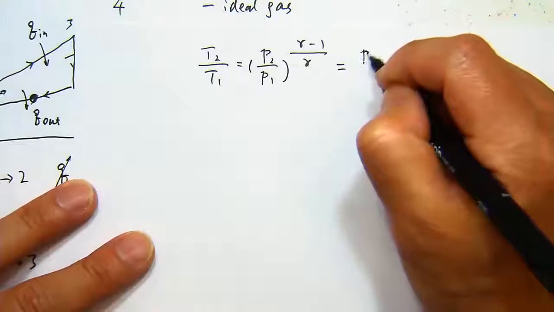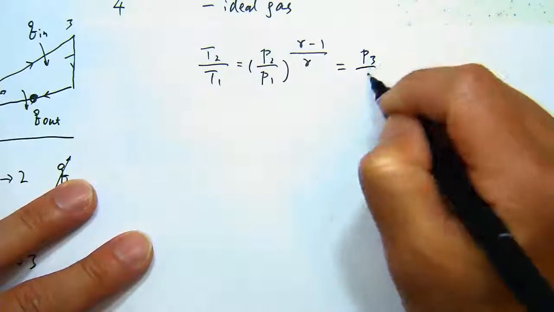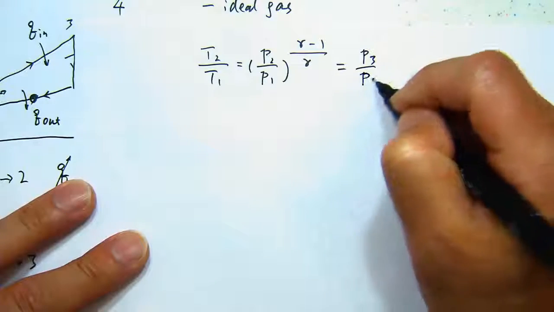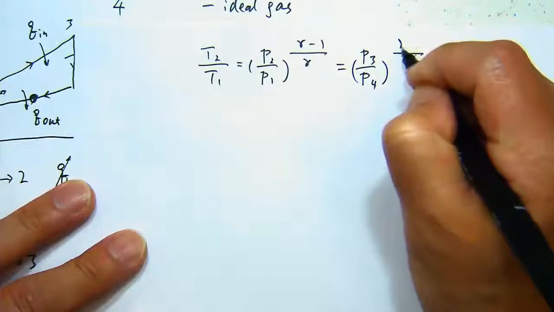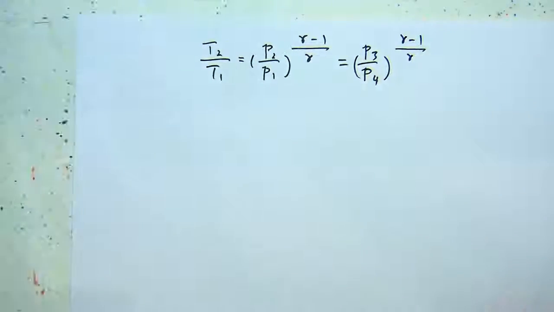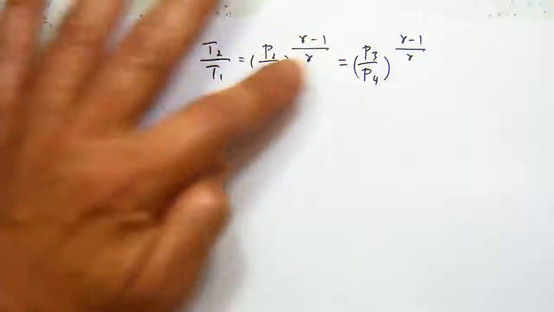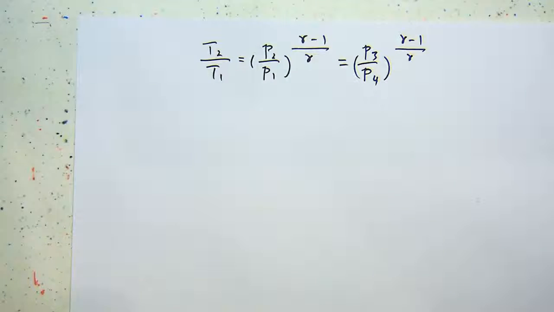So what I can write is P3 over P4, right? Because it's two isobaric processes during the heat addition and heat rejection.